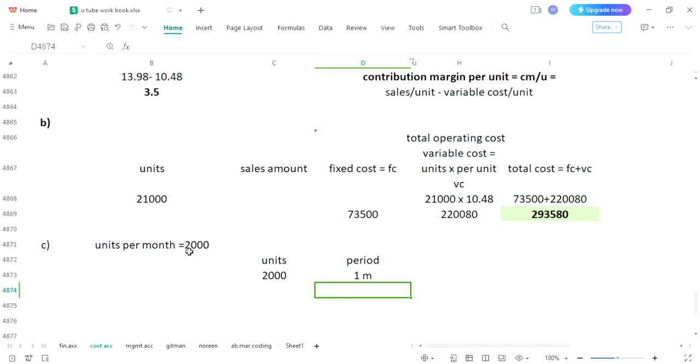In 1 year, how many months? 12 months. And here you have got your X.